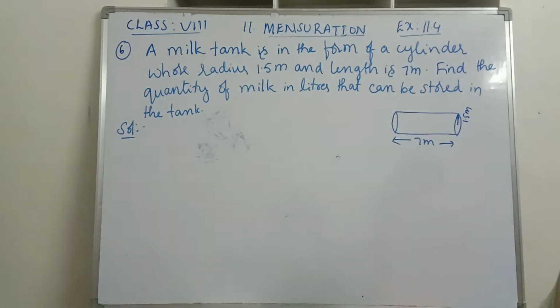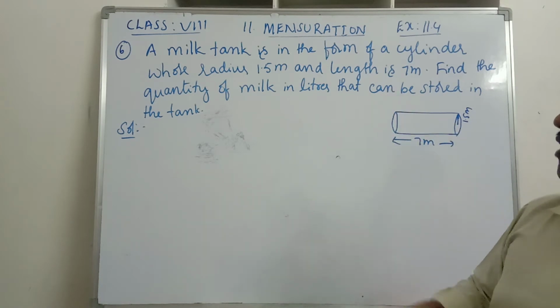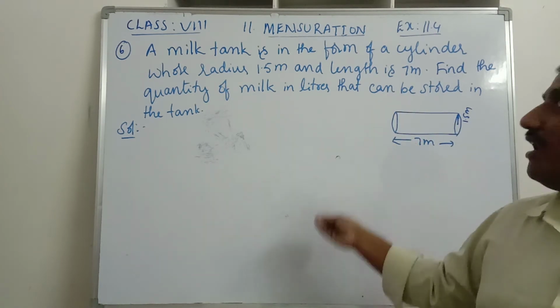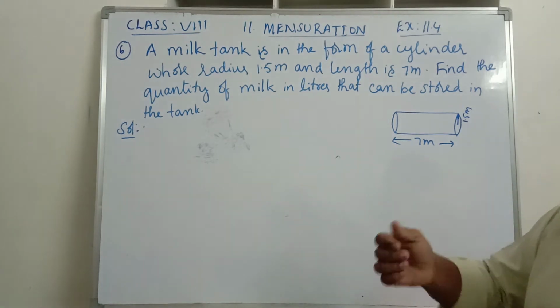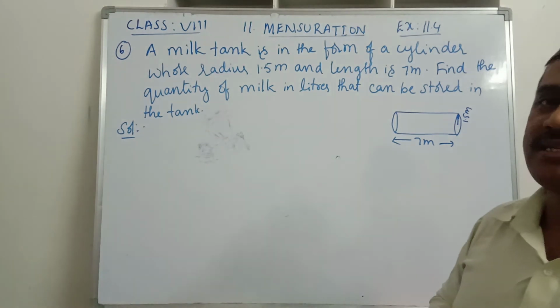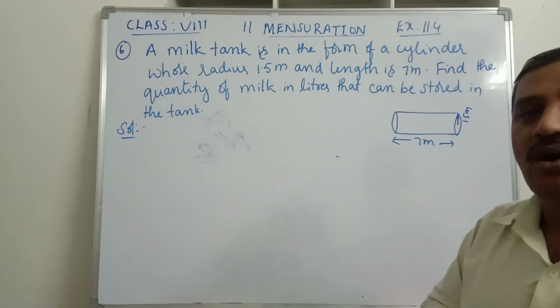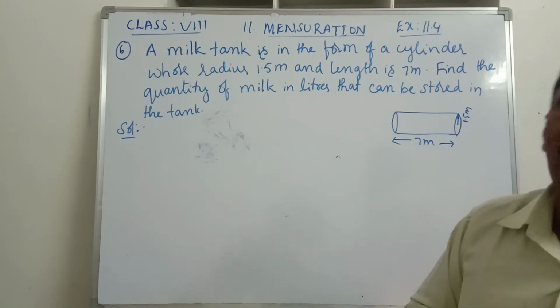Finally we have to find the volume of this tank, which is equal to the volume of the milk, but we will get it in meters cube. We have to convert it into liters. As we know that 1 meter cube is equal to 1000 liters, by multiplying with 1000, we will get the number of liters that it can store in the tank.